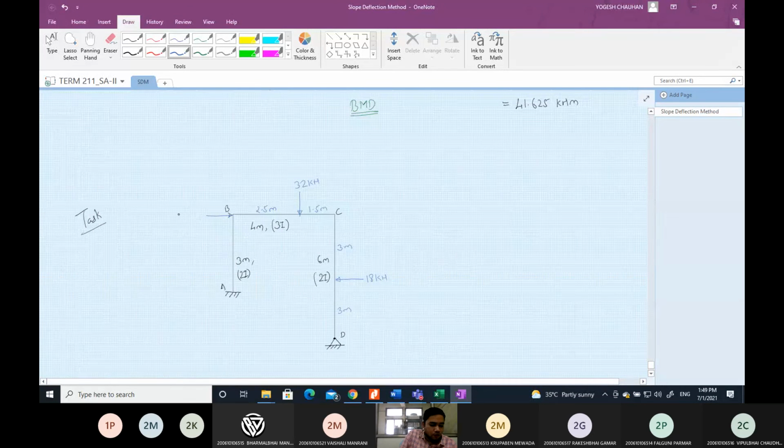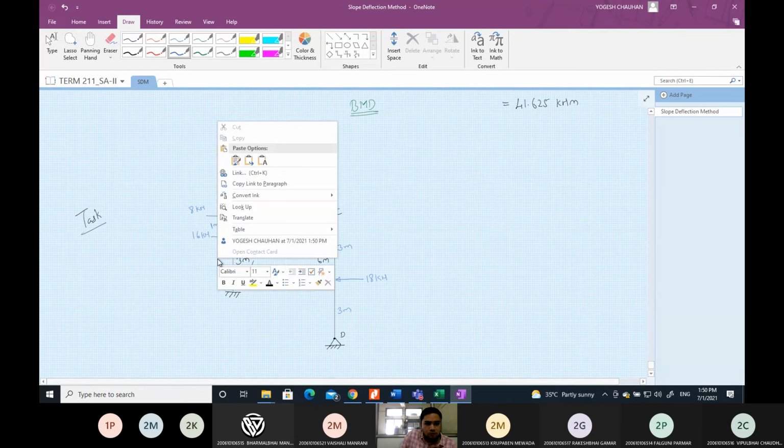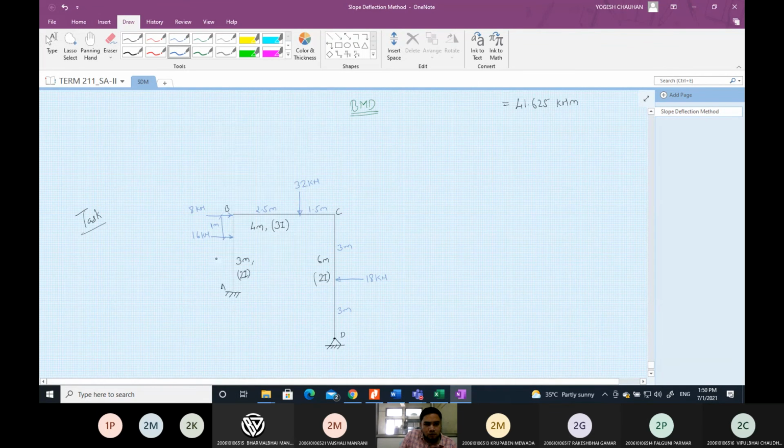There is a joint load of 8 kilonewton at joint B and 16 kilonewton at a distance of 1 meter from B, and this is 3 meter. This is actually 4 meter. Total length is 4 meter.